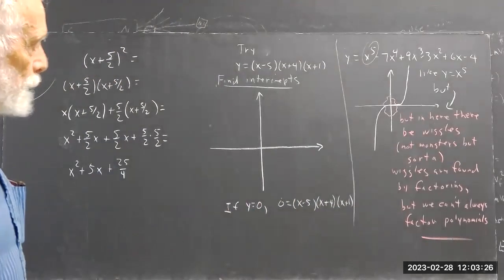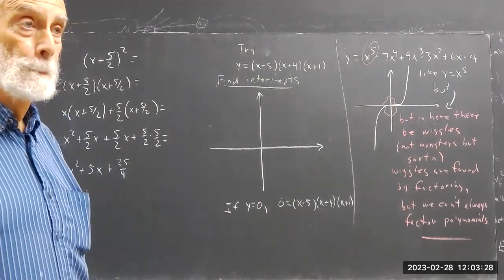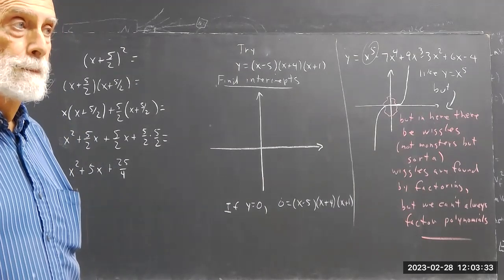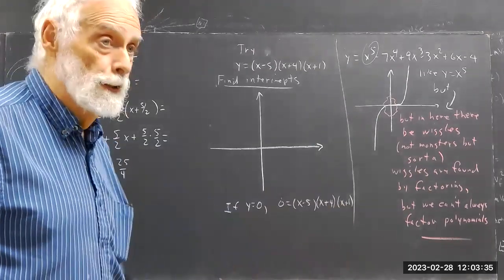Zero equals x minus 5 times x plus 4 times x plus 1. So what values of x make that true?